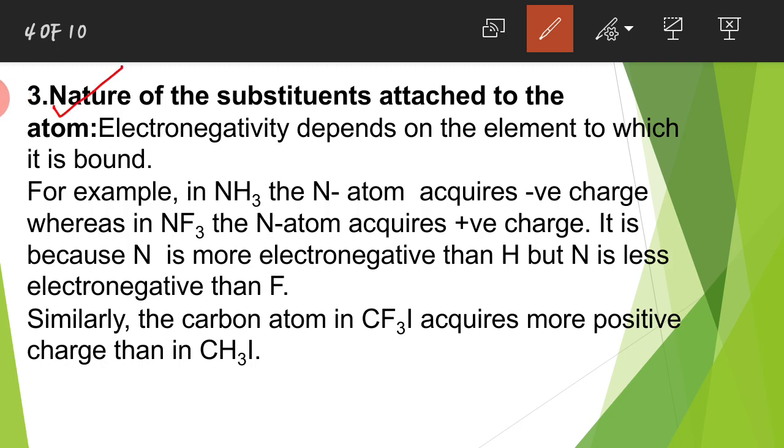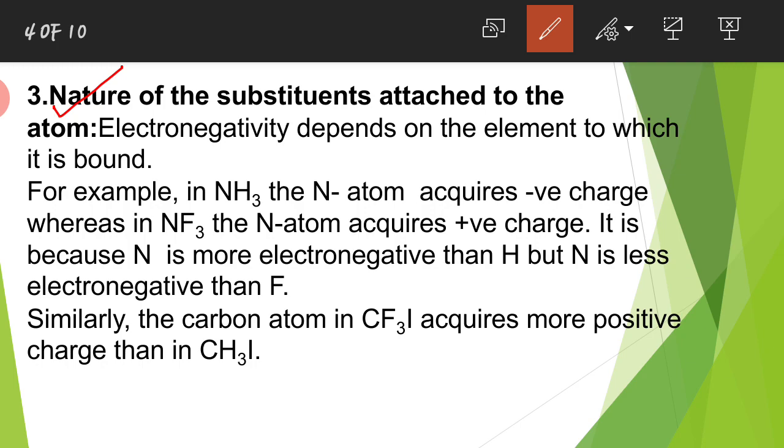Third, nature of the substituents attached to the atom. Electronegativity depends on the element to which it is bound. For example, in ammonia, the nitrogen atom acquires negative charge, whereas in NF3, the nitrogen atom acquires positive charge.